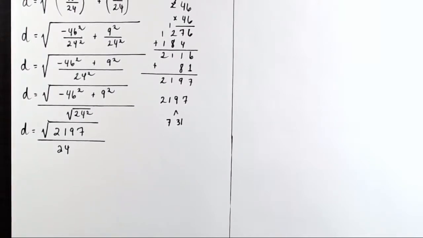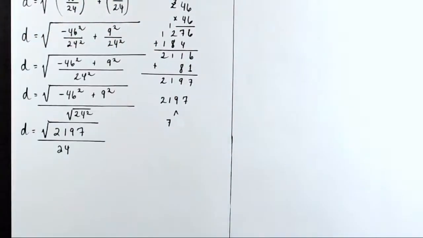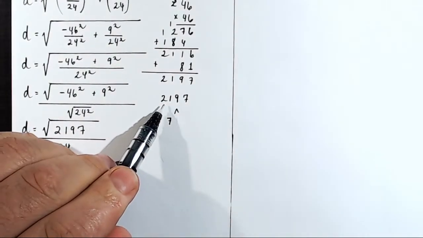No, 7 doesn't go into 27. What am I thinking? It's not divisible by 7. Oh dear.